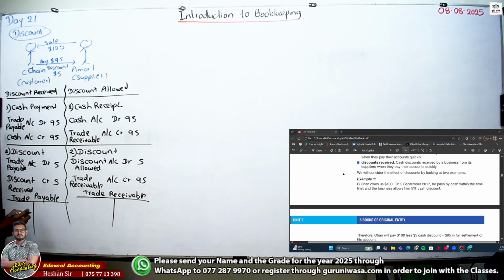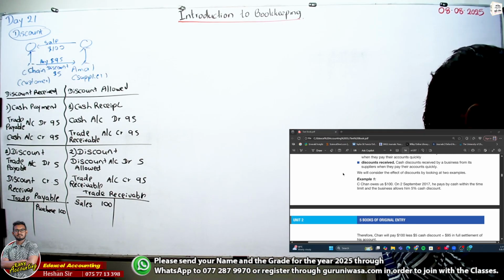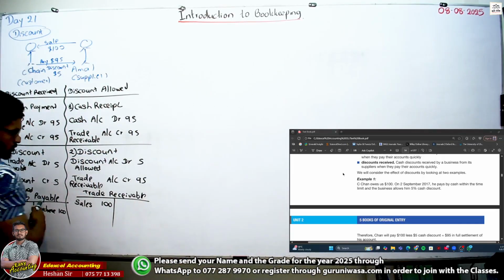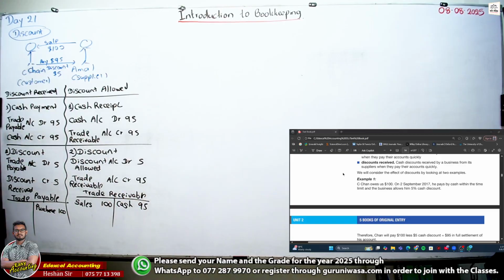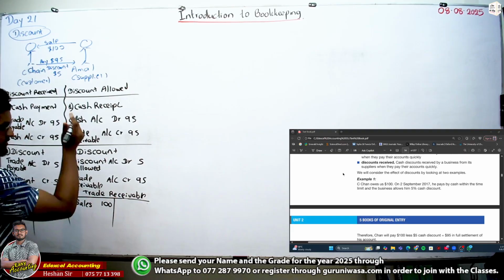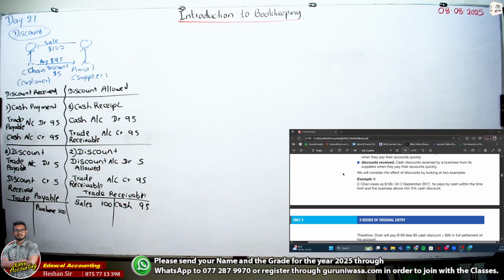Initially, you can identify purchases $100. Here, sales $100. Now this person only pays 95, so cash credit 95 since the customer is paying. Since the supplier receives cash, cash debit, trade receivable credit.